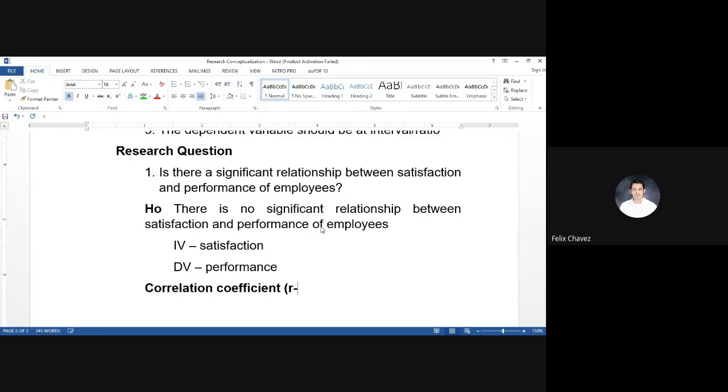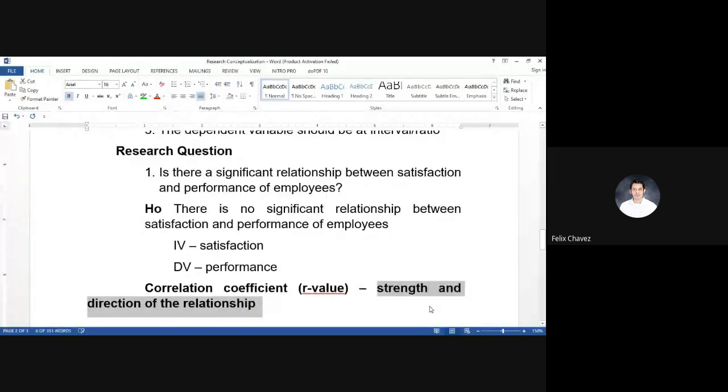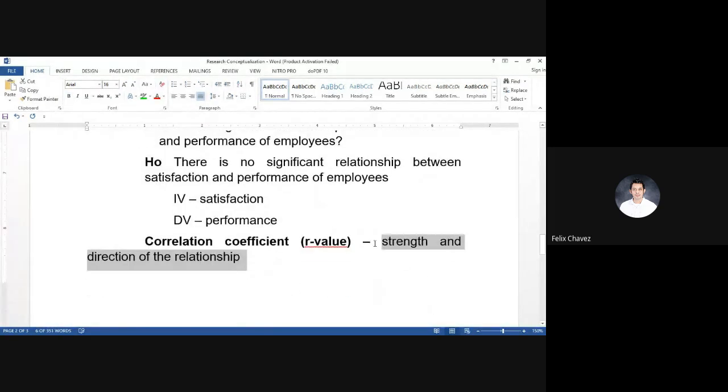So this is the strength, and it measures the strength and direction of the relationship. So R value is a measure of the magnitude or the effect size of the relationship between the IV and the DV.